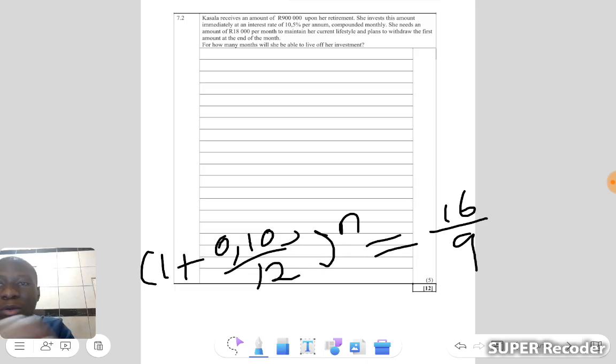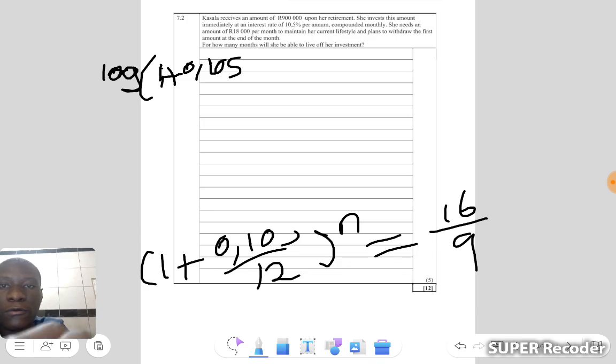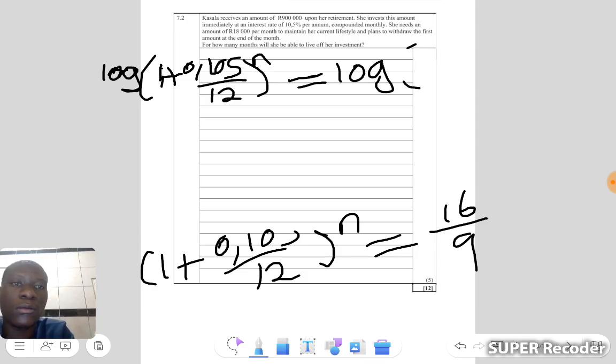So we're going to apply log both sides: log of 1 plus 0.105 over 12, to the power of n, and on this side we also apply our log to 16 over 9.